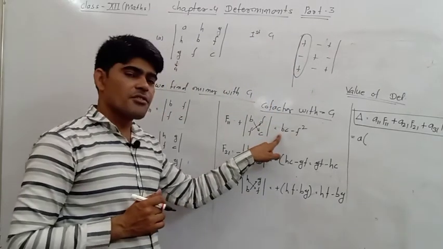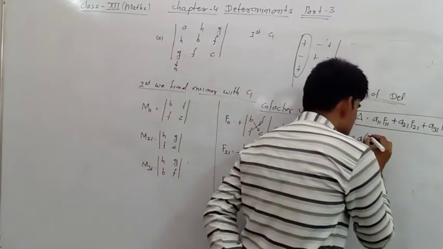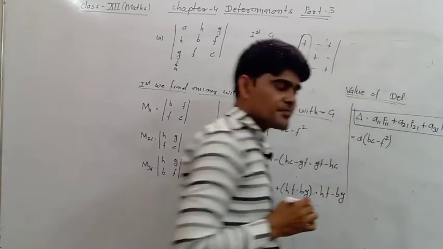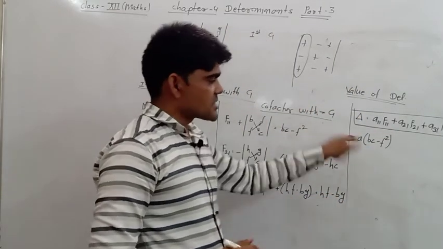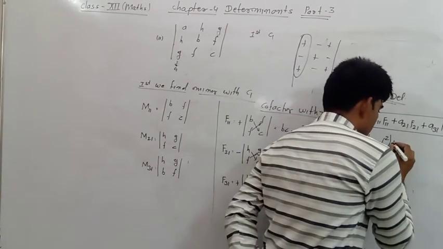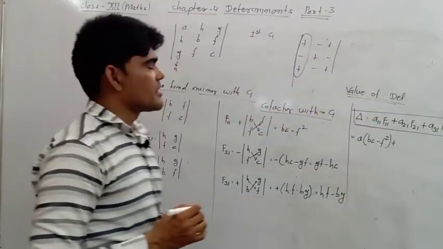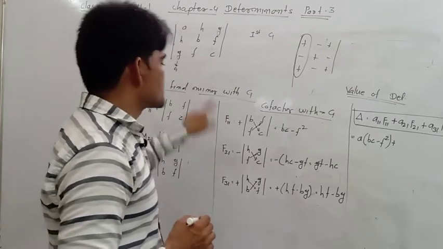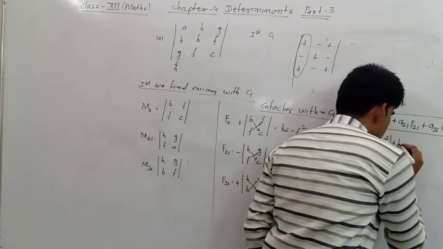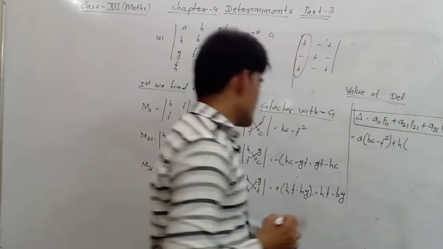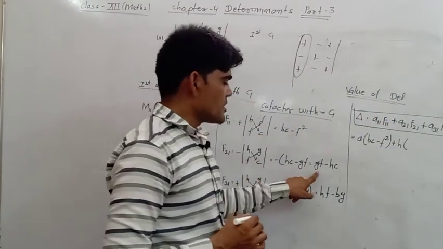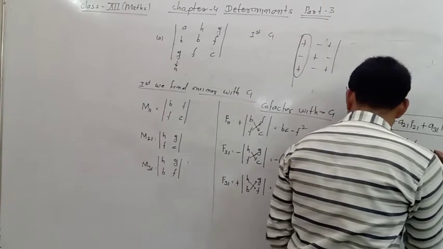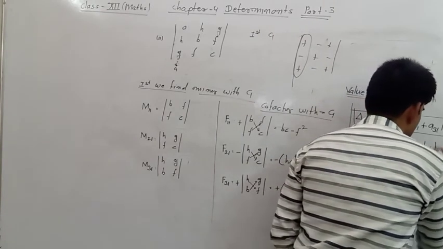This is the value of F11. Then we put BC minus F square. This is simple. Next plus A21. Its value is H bracket, and we use F21, GF minus HC.